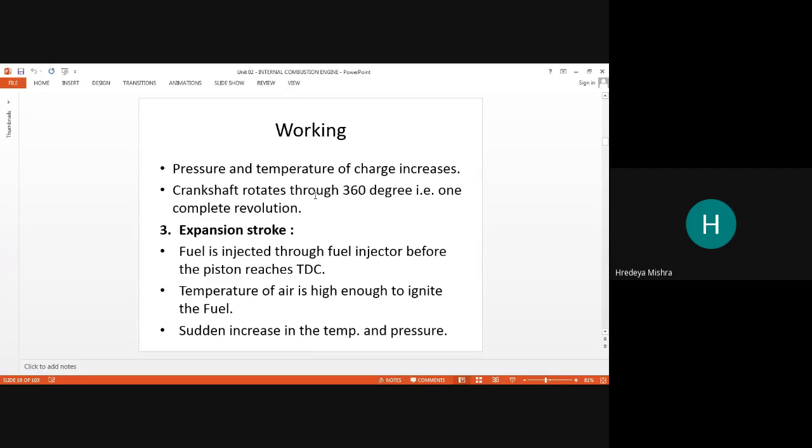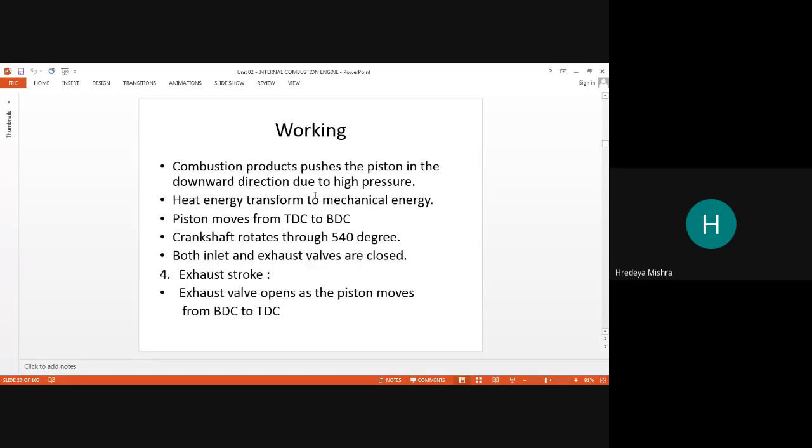Expansion or power stroke: fuel is injected by the injector before the piston reaches the top dead center. The temperature of the air is high enough to ignite the fuel, so the fuel ignites now. There is a sudden increase in temperature and pressure, and the combustion products push the piston in the downward direction due to the high pressure. Heat energy is transferred to mechanical energy.